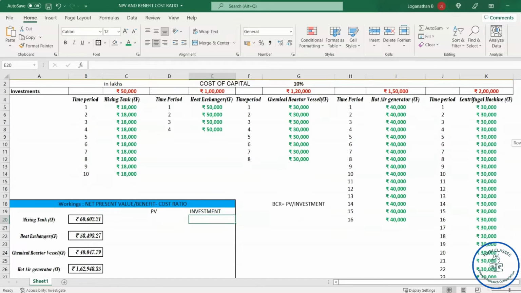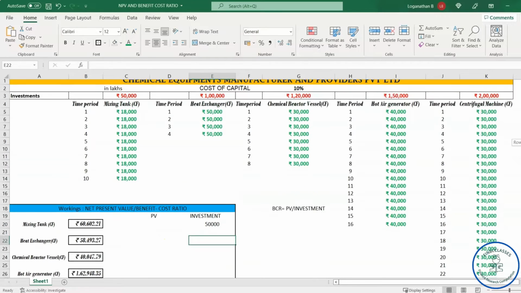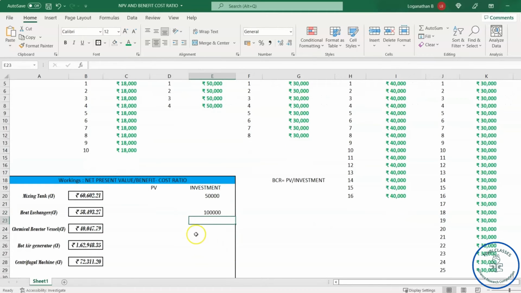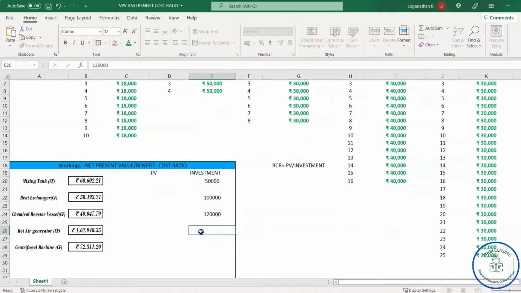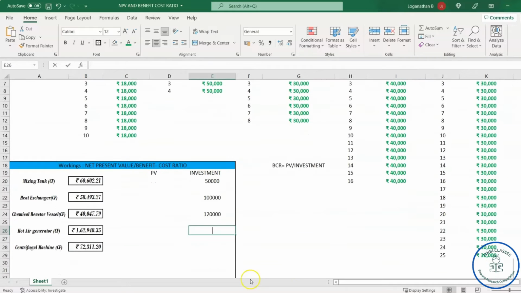So 50,000 for the mixing tank. Then for heat exchanger, we have 1 lakh. Then for chemical reactor vessel, 1,20,000. Then for hot air generator, we have the investment of 1,50,000.